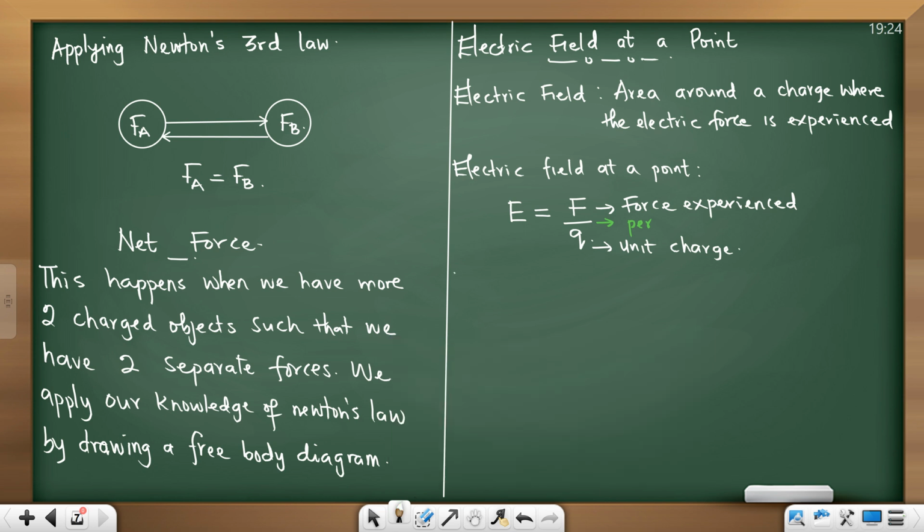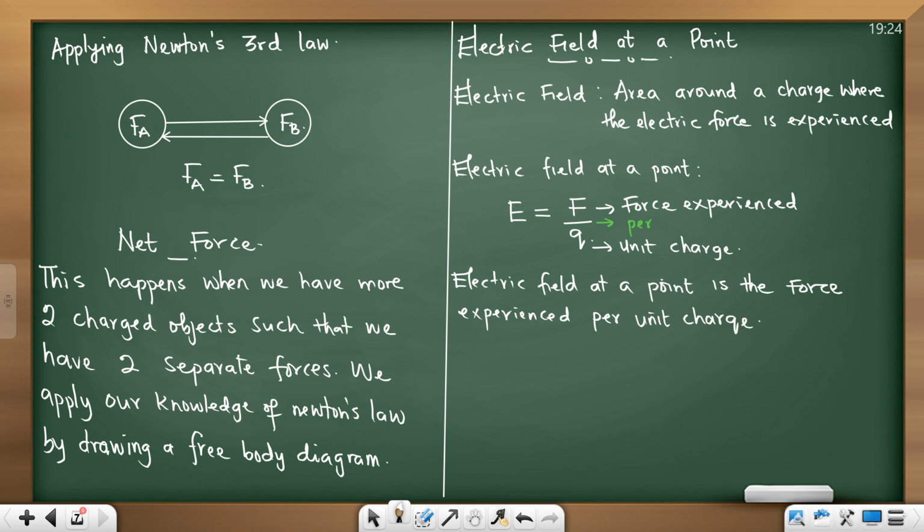Therefore, I can do my definition and say electric field at a point, I'm just going to write those words that I wrote, is the force experienced per unit charge.